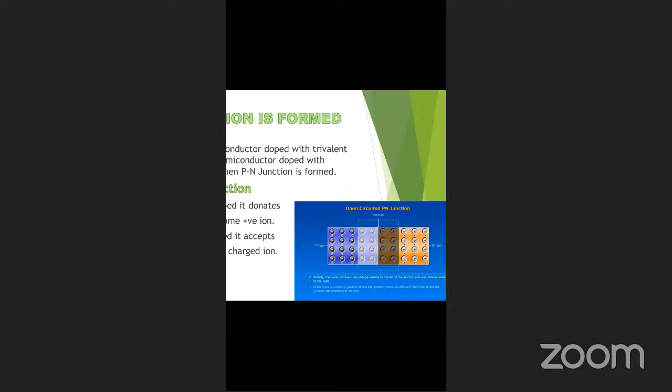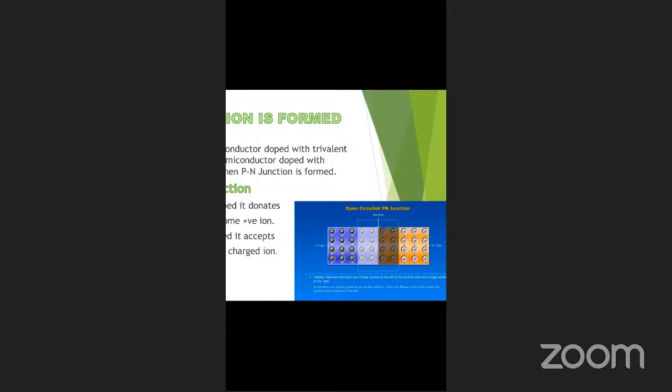Holes from the P region diffusing towards the N region recombine with an equal number of free electrons near the junction. So the donor ions near the junction lose their free electrons. As a result, there is an excess of positive charge of immobile donor ions. Positive signs inside the circles appear near the junction in the N type of semiconductor.